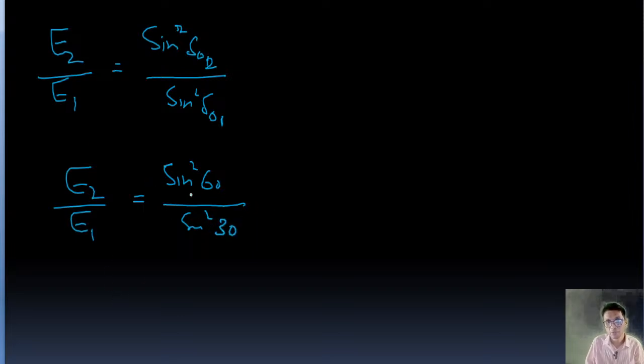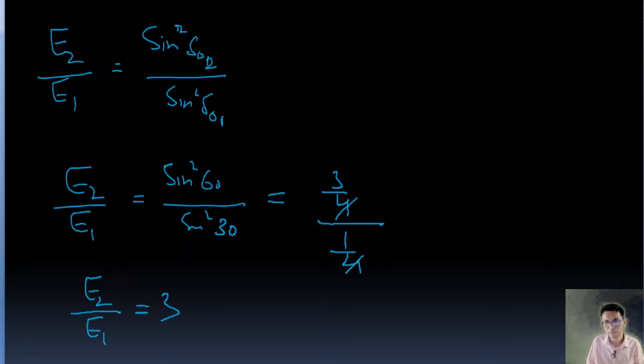We put the value: sine 60 is root 3 by 2, and squared it is 3 by 4, upon sine 30 which is 1 by 2, so 1 by 4, right? The 4 gets cancelled, so E2 upon E1 is going to be 3.